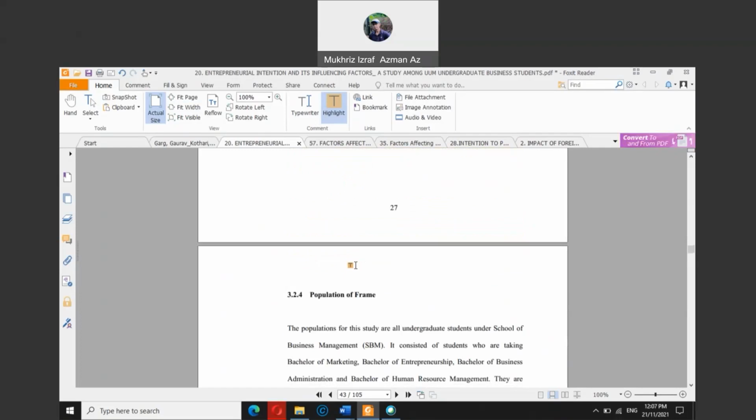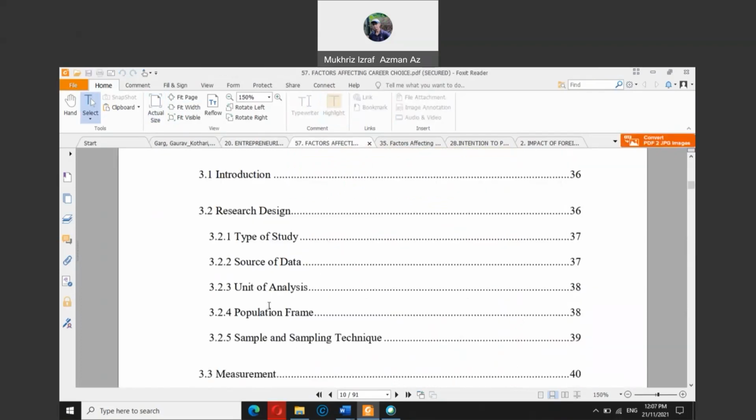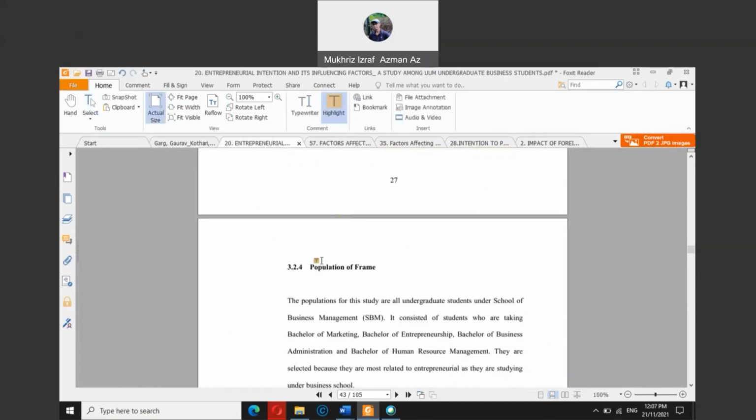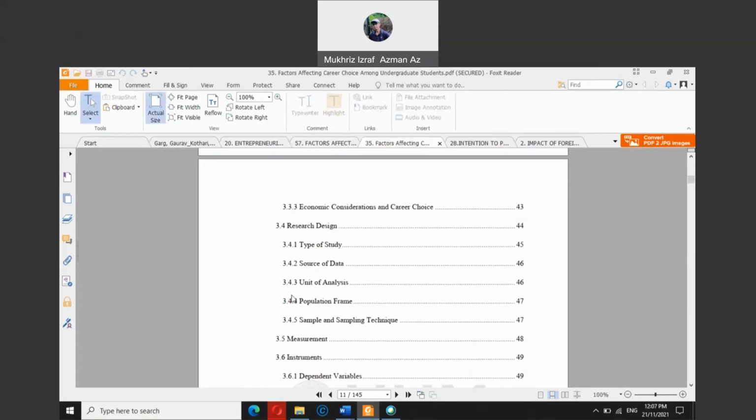Okay, and then the next one will be the population of... let me see. Population frame. It shouldn't be "population of frame." I think this is a typo here. It's just supposed to be population frame. If you look at other theses as well, it should be population frame, not "population of frame."